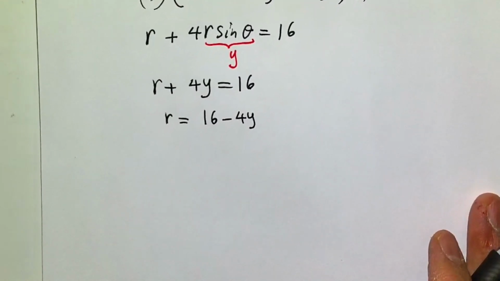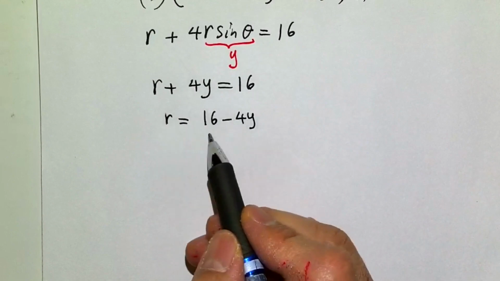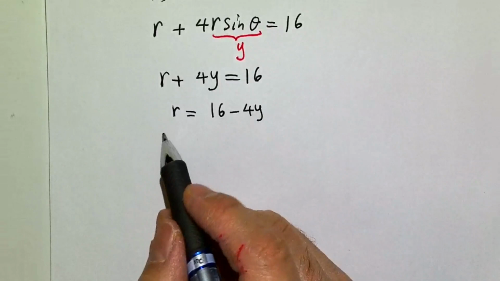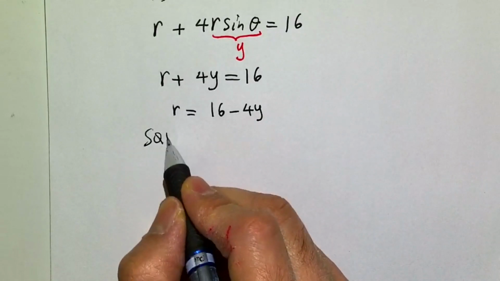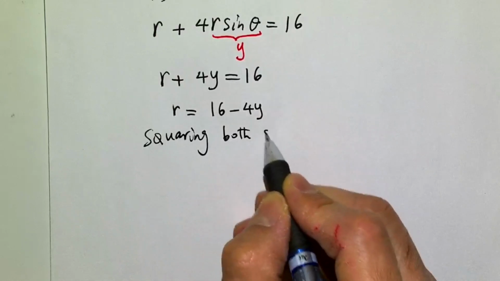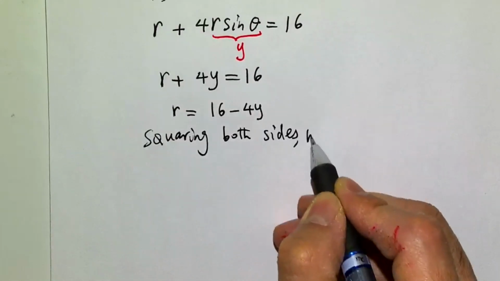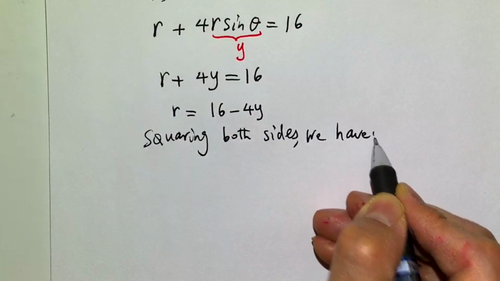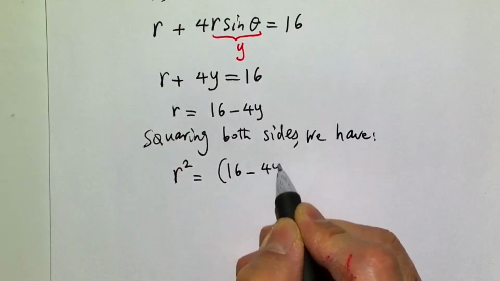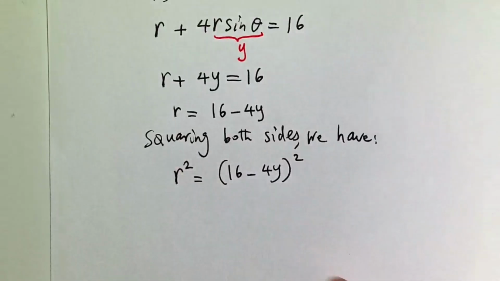Just like before, let's square both sides, right? We know the benefit of that: we're not going to end up with a square root in our equation. So squaring both sides, we have r squared equals (16 minus 4y) squared.